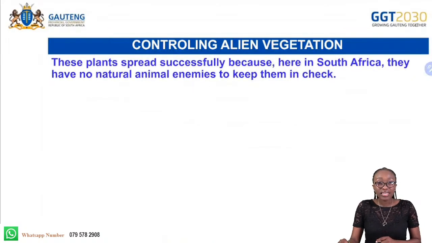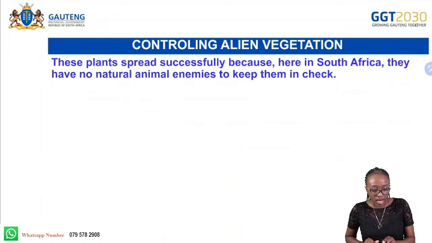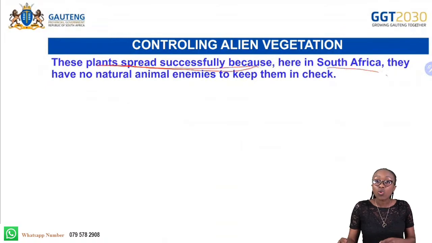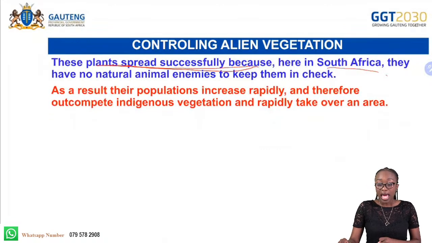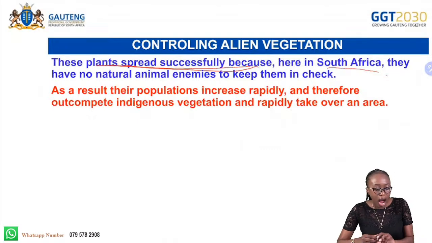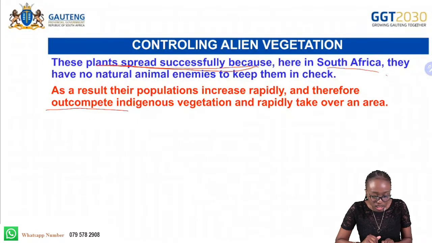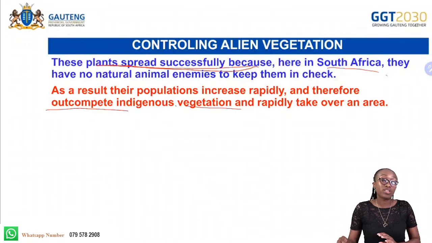However, these plants, because now they are spreading successfully in South Africa, don't have any natural enemies to keep them in check. And as a result, their populations increase rapidly, they overpopulate an area and end up outcompeting the indigenous vegetation and taking over the entire area.